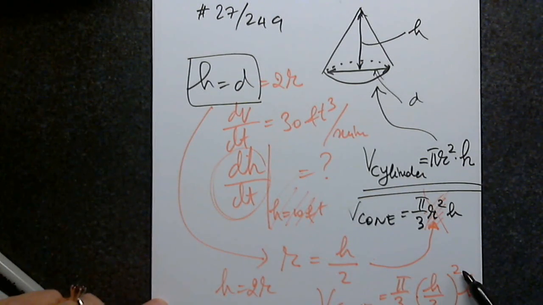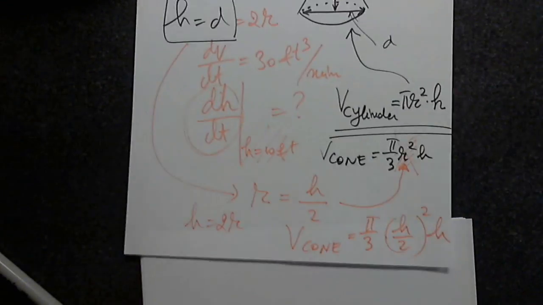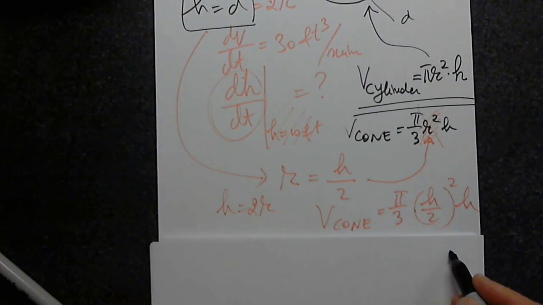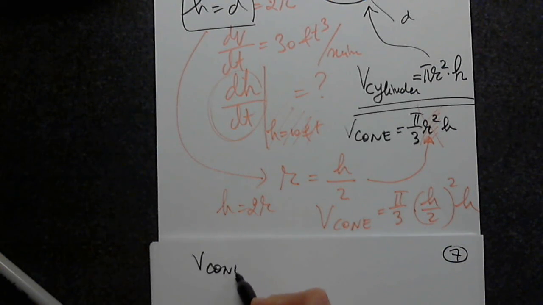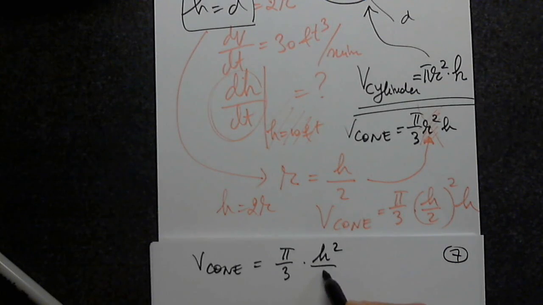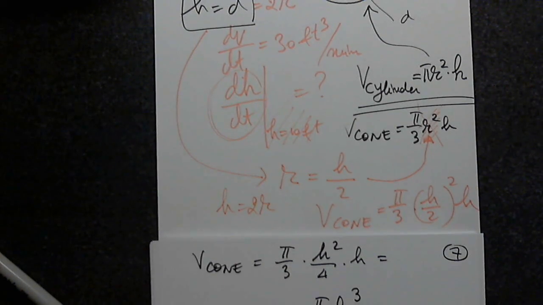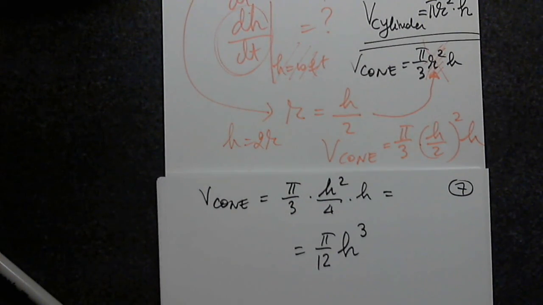So then I square, and I simplify a little bit. So the volume of the cone equals pi over 3 times h squared over 4 and times h. So this is pi divided by 12 times h cubed. Questions?